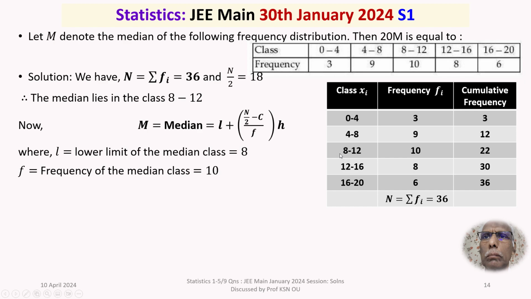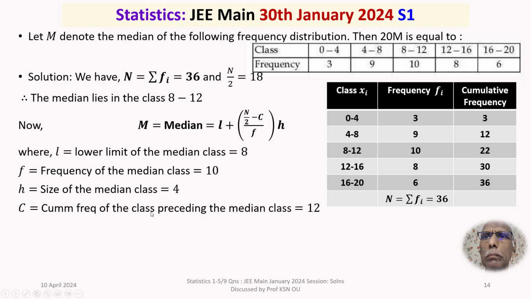The frequency is 10. H is the size of the median class, which is 4. C is the cumulative frequency of the class preceding the median class. This is the median class. The class preceding the median class is this one. The cumulative frequency is 12.